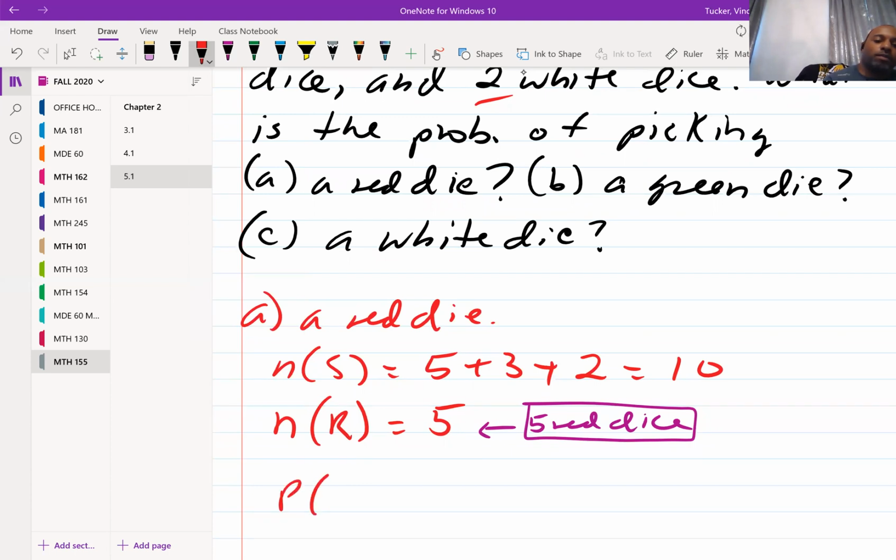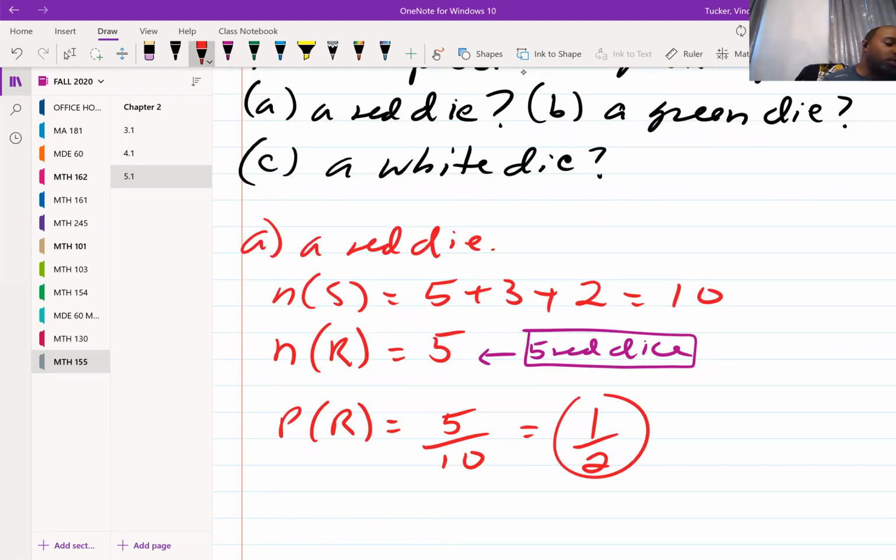So the probability of getting a red die is a 5 out of 10 chance. And they would expect you to reduce that to the simplest fraction possible. So we've got a 50% chance of getting a red die.